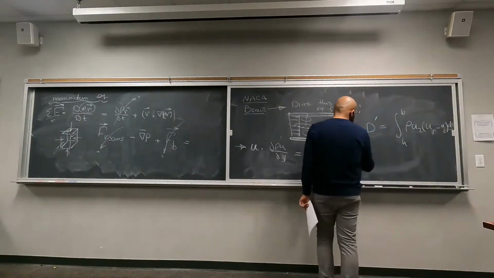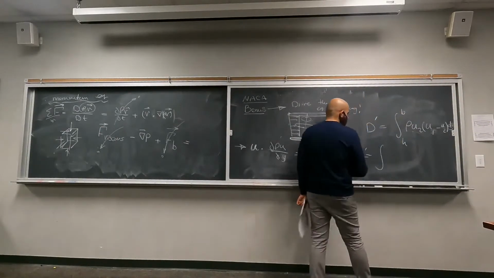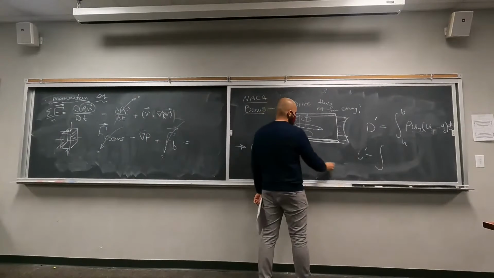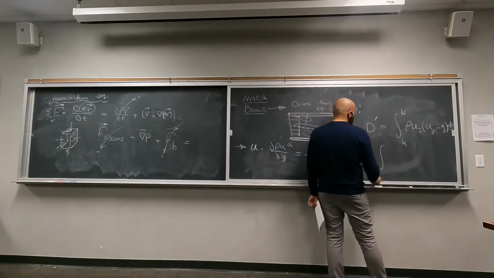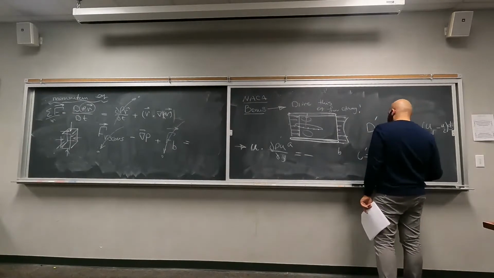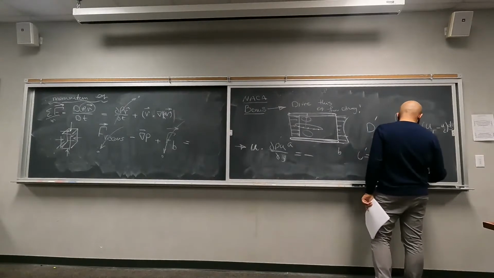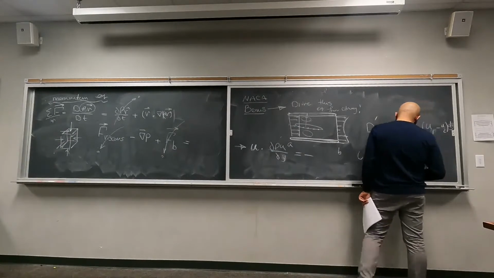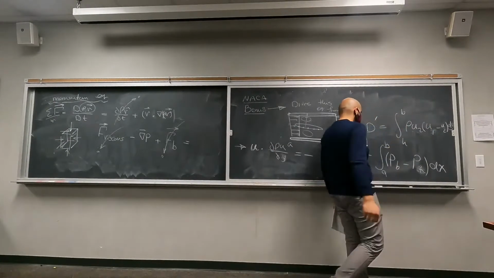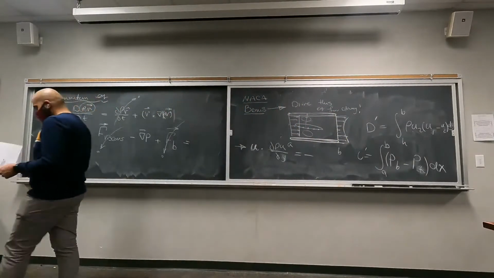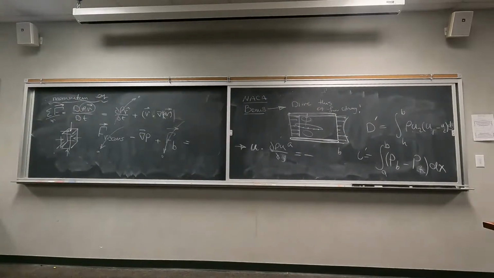So for your lift, you have to calculate, let's call this A, B, the integral of pressure at the bottom minus pressure at the top, dx from A to B. So you have to measure pressure at each point, which can be done by any type of pressure measuring device.